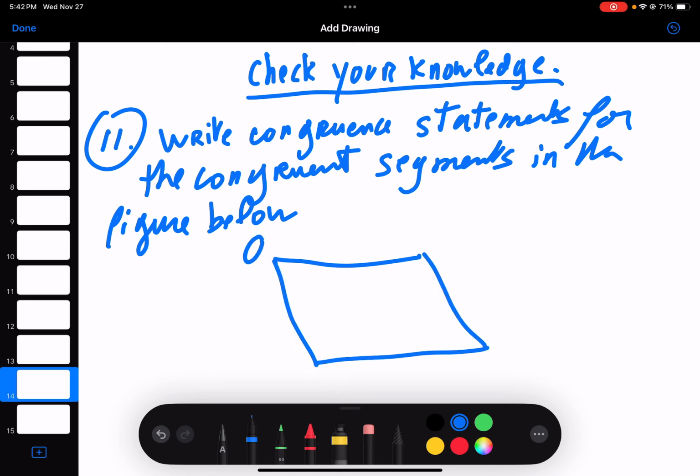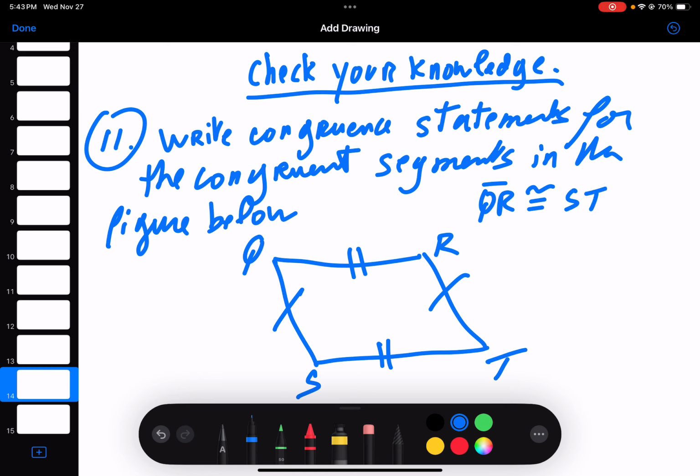We have points Q, R, S, and T, and the tick marks are as such. Remember, the same number of tick marks means congruent. So if we have 2 tick marks and 2 tick marks, that means those 2 line segments are congruent. So on top we have segment QR is congruent to segment ST. On the left side we have QS, which has only 1 tick, so it's congruent to RT. Boom, end of story.